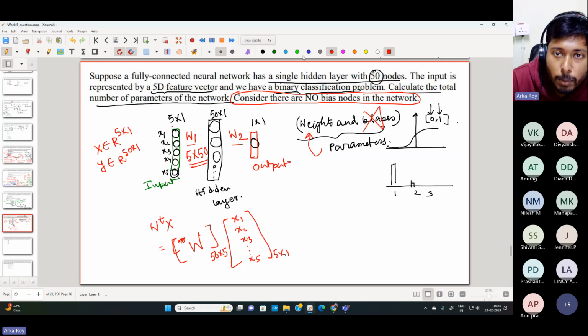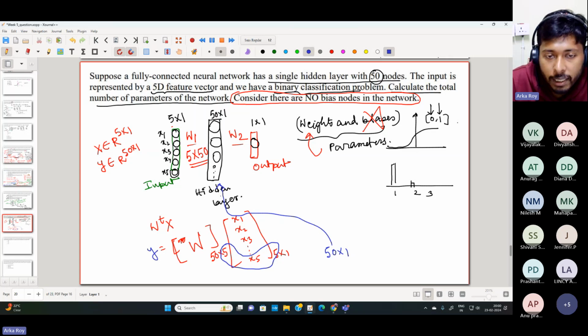Now you do the matrix multiplication. The 5 and 5 will cancel, so you will get 50 cross 1 as the output, which is the output of this hidden layer. Therefore your weight matrix should have shape 5 cross 50.